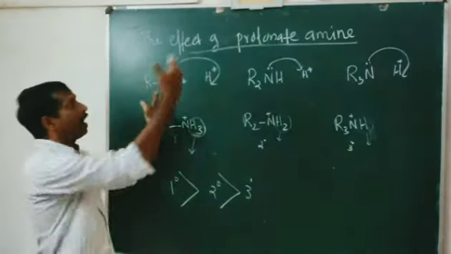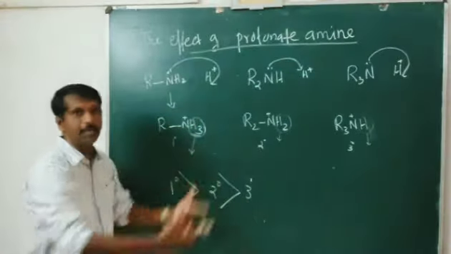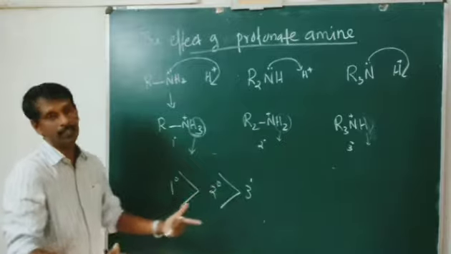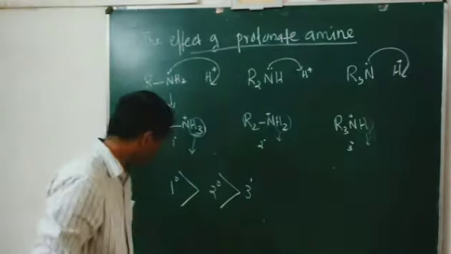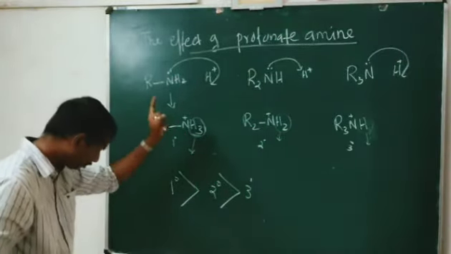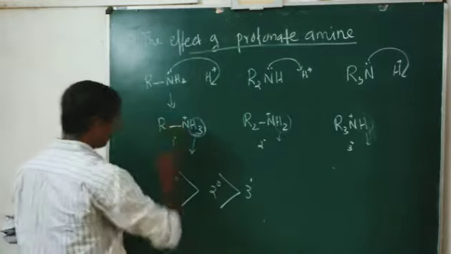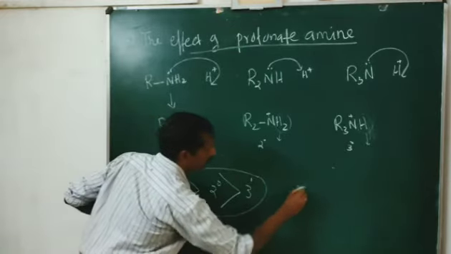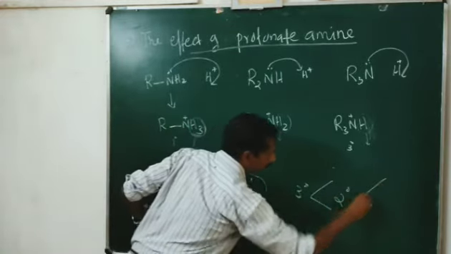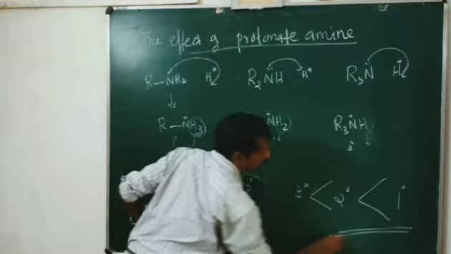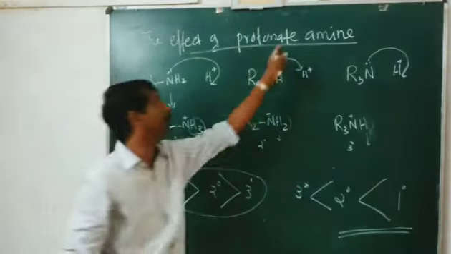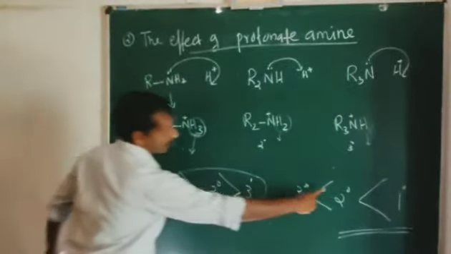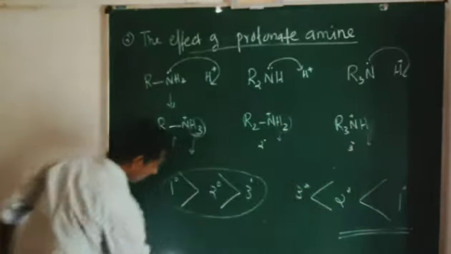When the cation is more stable, that is more basic. So this is the order of basicity of protonated amines: tertiary least, then secondary, and most basic is primary. But in the case of plus I effect, the order is reverse.